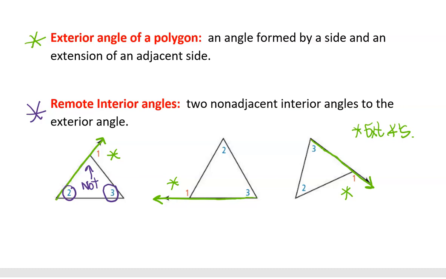So start with the exterior angle. It is not the one that is next to it. It is the other two angles. And remote, remember, means far away or furthest away. So it's not the one that's next to one, it's the two that are furthest away.